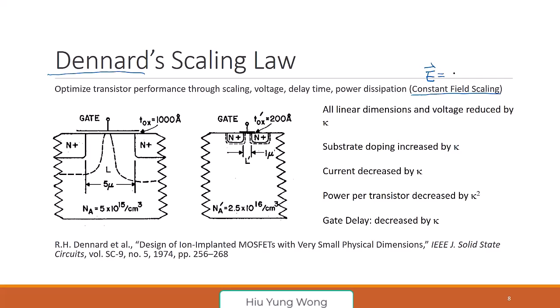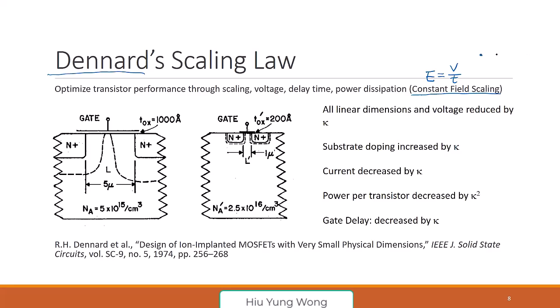So can you tell me, what is the expression for electric field? How is it related to the dimension and the voltage? Electric field equals potential divided by what? Distance. Thank you, distance, right?